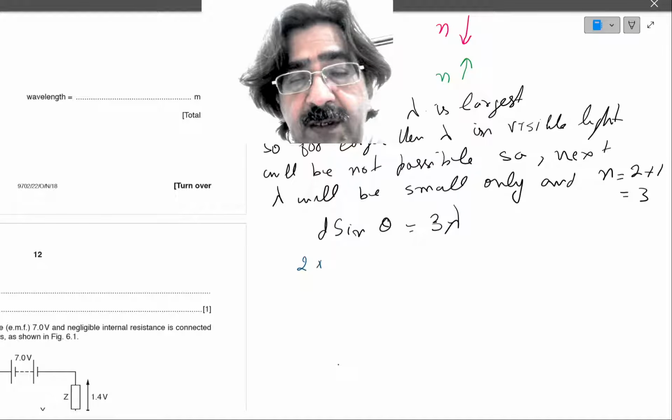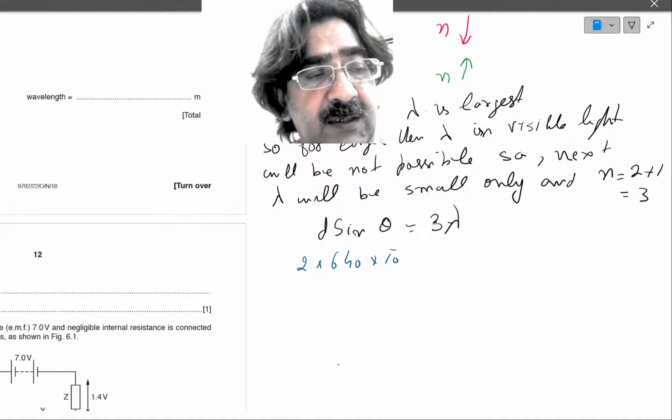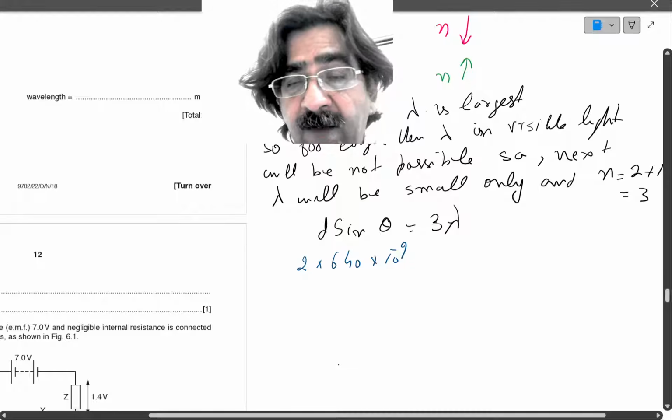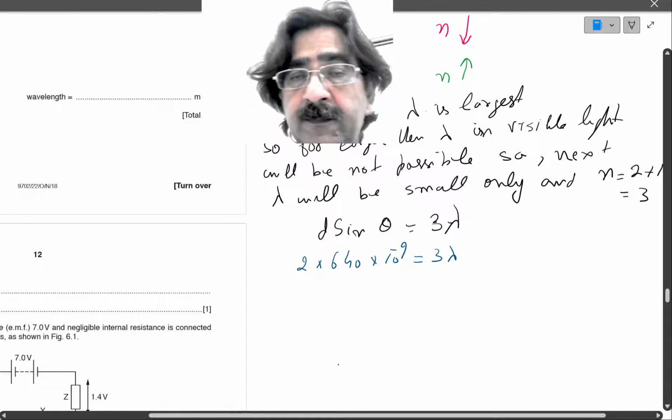2 multiplied by 640 multiplied by 10 to the power minus 9, divided by... equal to 3 lambda.